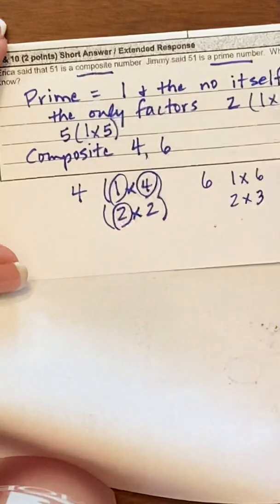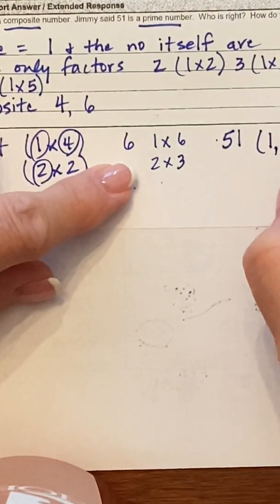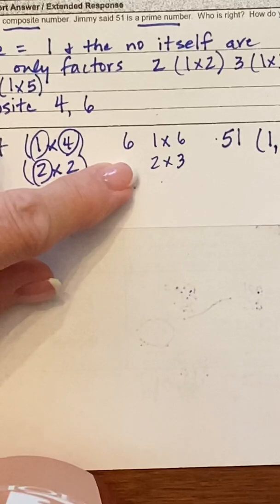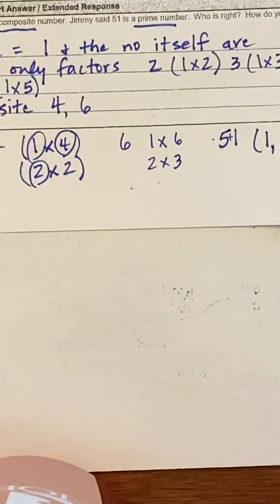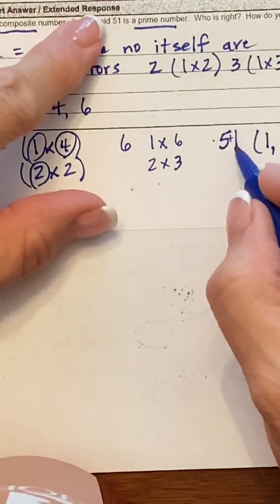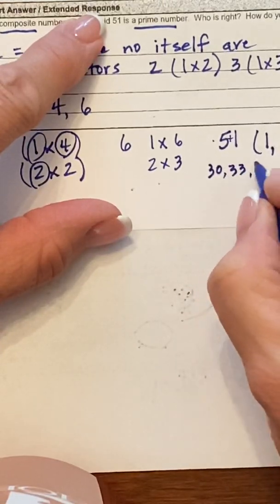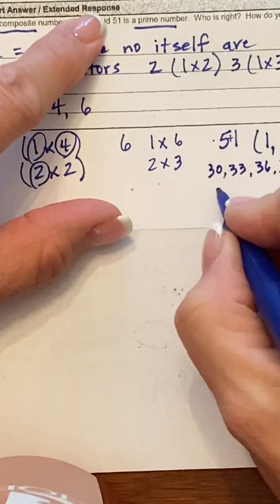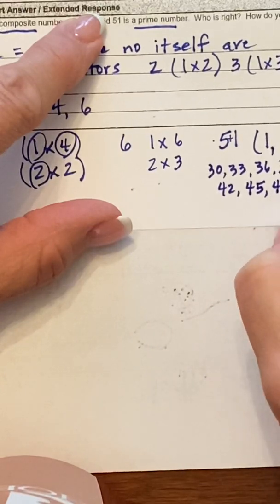So let's just go ahead and skip forward and look at 51. Any way I slice it, I know 1 times 51 is 51. But let's be careful, because if I use the divisibility rule for 3, 5 plus 1 is 6, and 6 is divisible by 3. Believe it or not, once you get to 30, you count by 3s: 33, 36, 39, 42, 45, 48, and then 51.